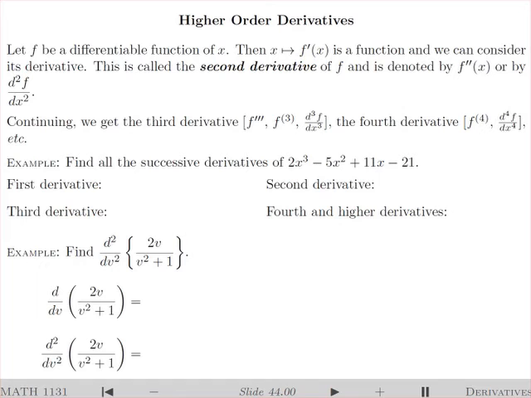Of course, these are not really squares. It's just a convention we use. The third derivative would be written as d cubed f over dx cubed, and so on. Of course, these two numbers should always be the same. In chapter 17, when we do partial derivatives, it won't quite work that way.